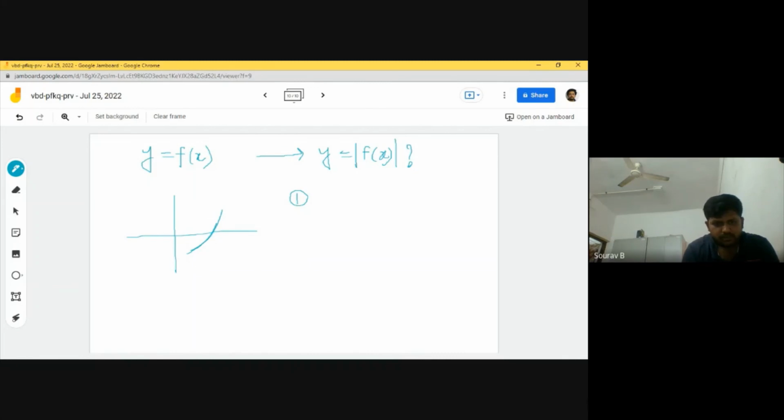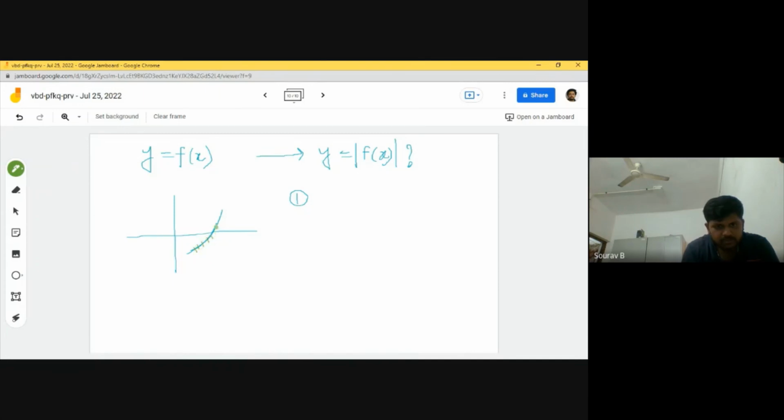So for that, you will take an image of that portion with respect to this x-axis. So if I do this operation, how will it be? So this is the curve. I will cut this portion.